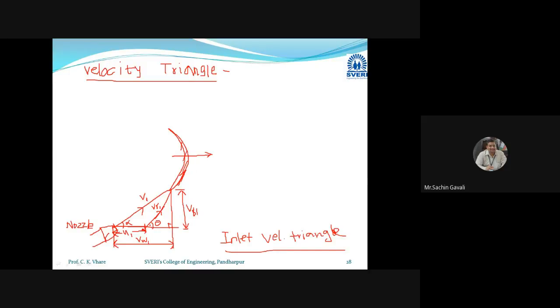Does anybody have a doubt? Understood? Please write in the message box. This diagram is basic, and afterwards we have to apply our conditions. If any doubt is there, please ask in the chat box.